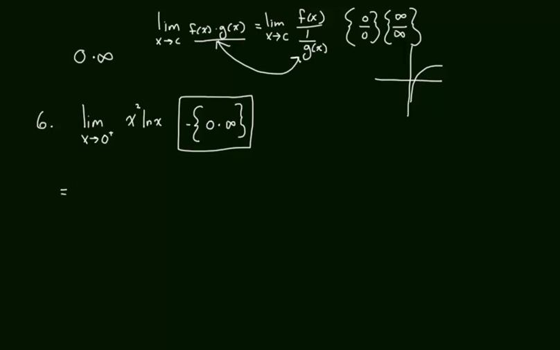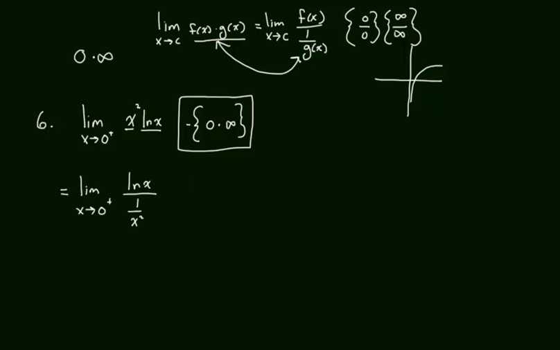So this is going to equal the limit as x approaches 0 from the right. So I need to keep one of these two, let's call one f and one g. We need to keep one of them at top and write the other as a 1 over reciprocal in the denominator. And because of the nature of the derivatives, I will highly suggest that you keep the natural log on the top, and then the bottom here would be 1 over x squared.